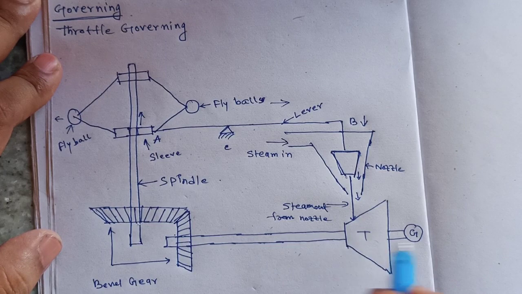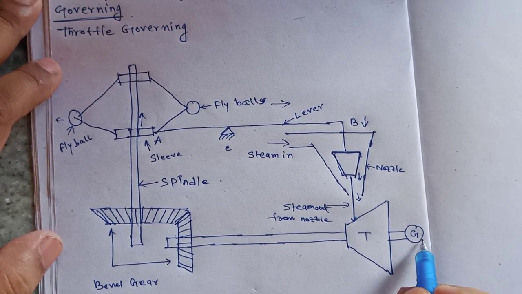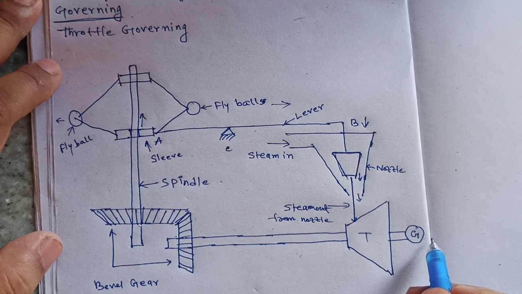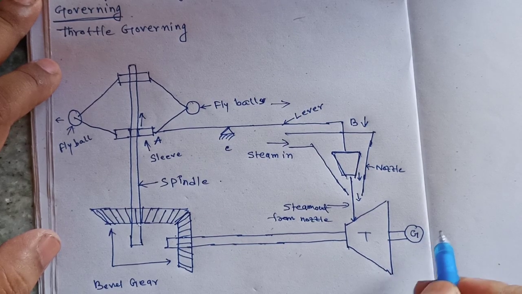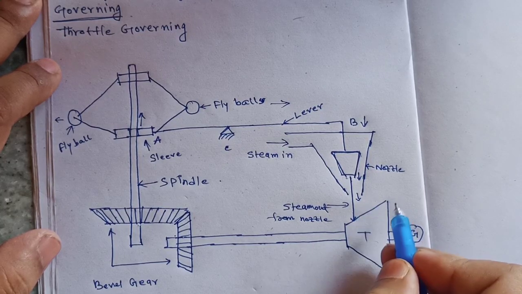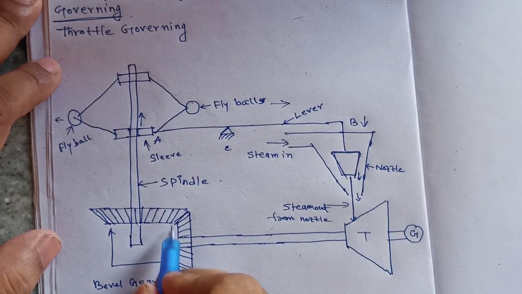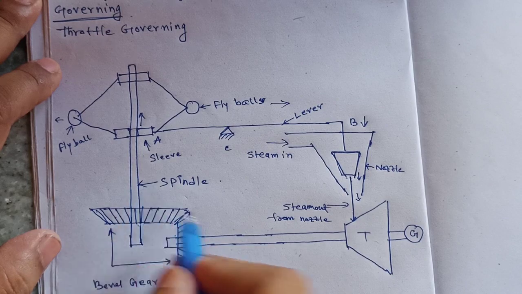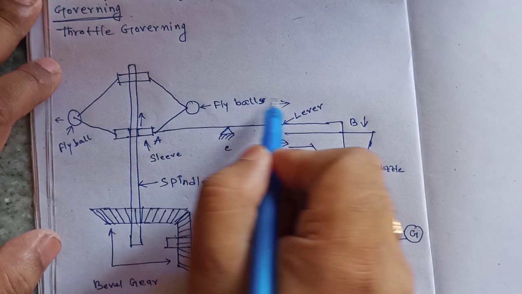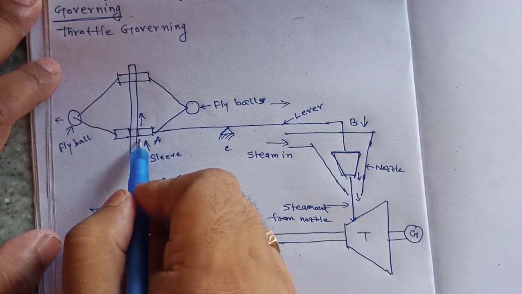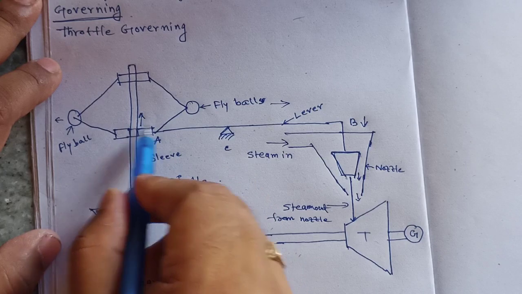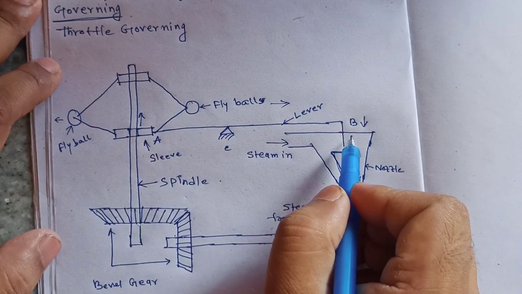I am saying further, when the generator is not supplying a huge amount of electricity, the turbine will try to rotate at higher speed. When it is high, the spindle speed will be high, and therefore the fly ball will go outward. Therefore, this slip will move upward, and when it goes upward, B will go downward.